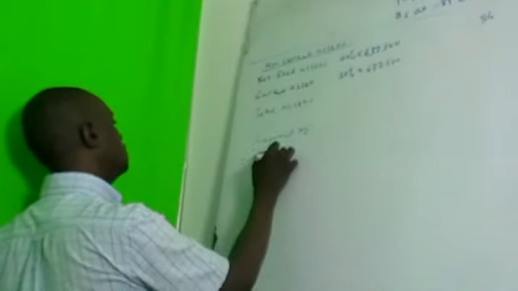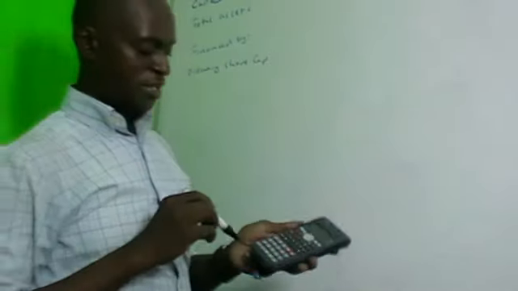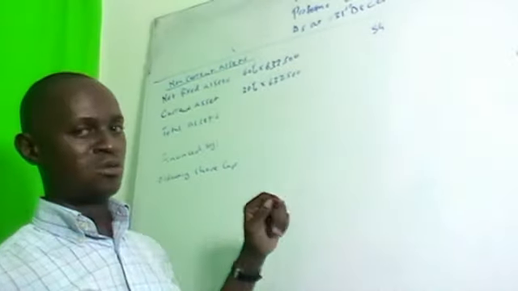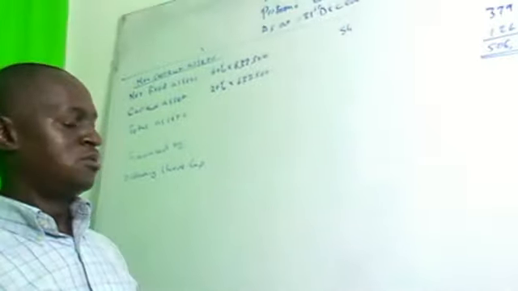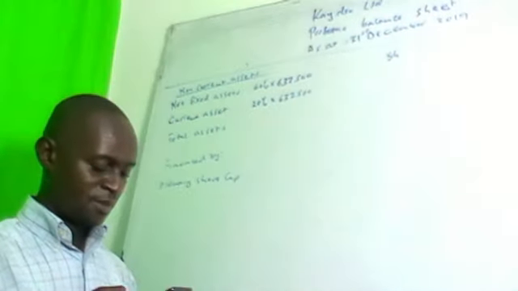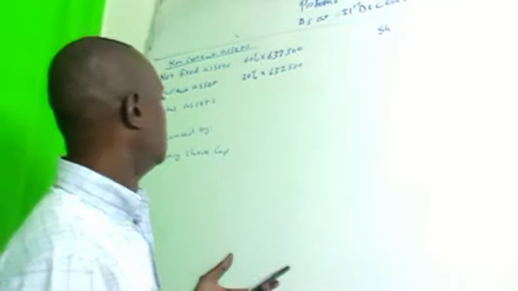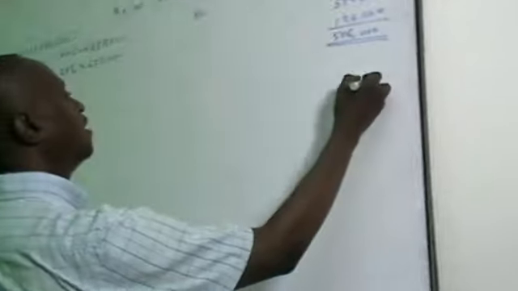We have ordinary share capital. One of the assumptions says that the company will not issue any additional preference shares, debentures, or ordinary shares. So this one will remain as it is. In this case, it was 100,000.